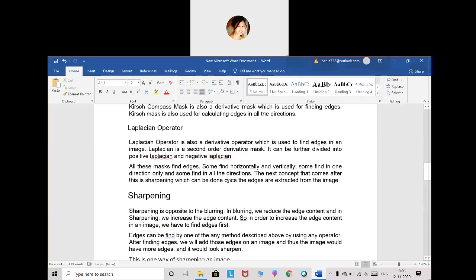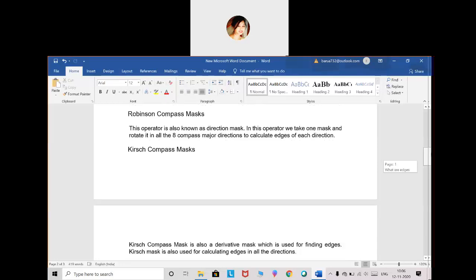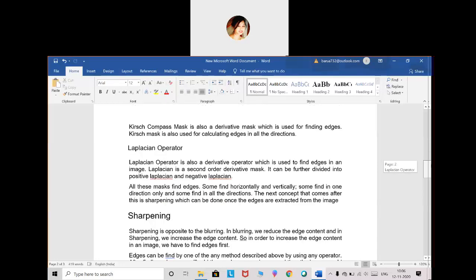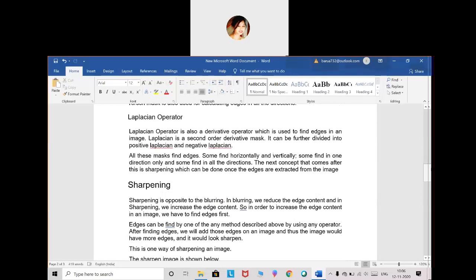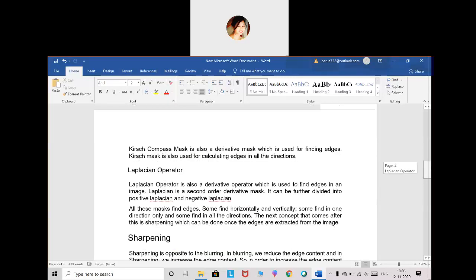So you have to use them accordingly. If you want to find horizontal or vertical edges, use Prewitt and Sobel operators. If you want to find in only one direction, use Robinson compass mask. If you want to find edges in all the directions, use Kirch compass mask.